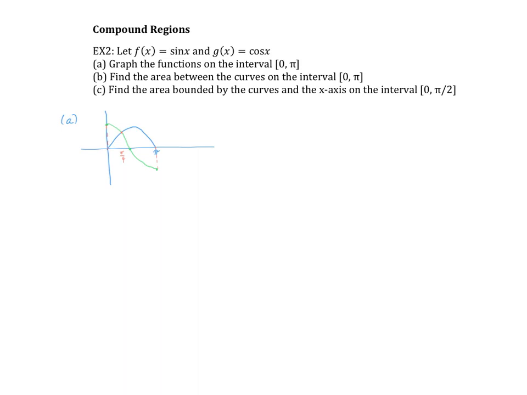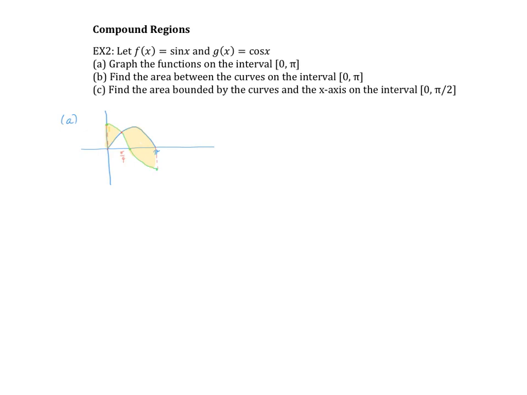So these are compound regions that I'm going to have to break up into two integrals. From 0 to pi over 4, cosine is the upper function and sine is the lower function. From pi over 4 to pi, sine is now the upper function and cosine is the lower function.